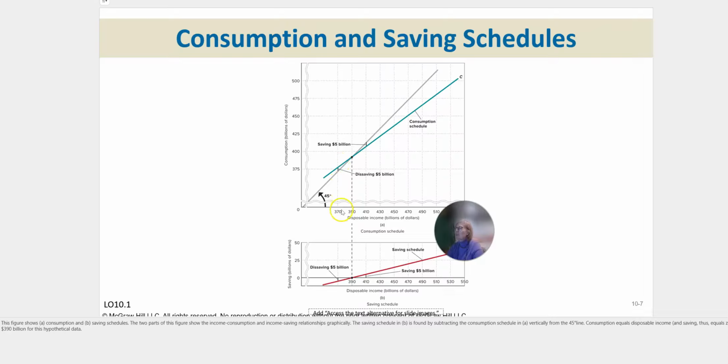Notice, at 370, we actually borrowed 5 billion, spent 5 billion more than we earned. From here on, it is moving further and further away from 0 as our disposable income is going up. We are saving larger and larger percentages of it, and therefore we are saving more and more dollars, okay?